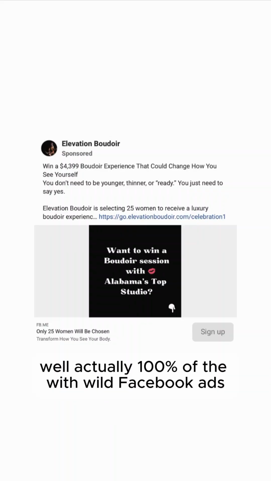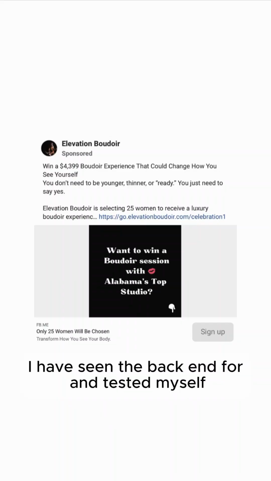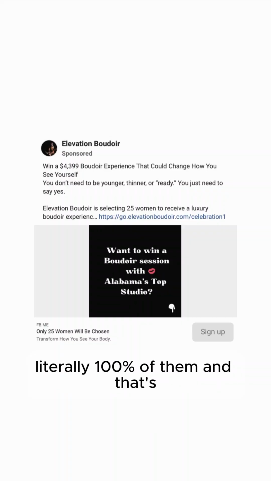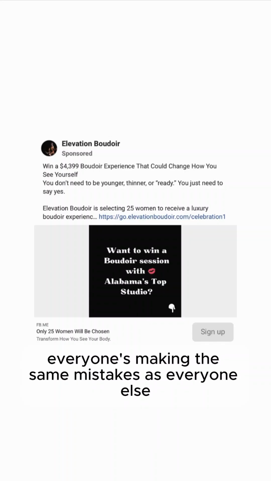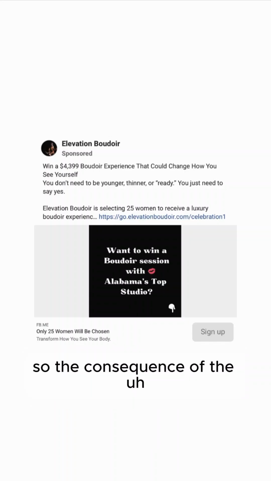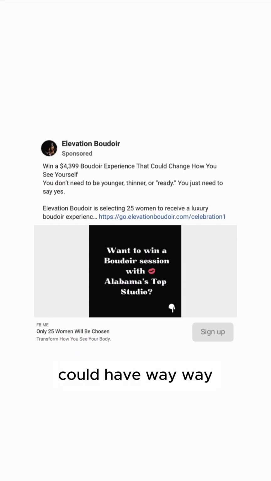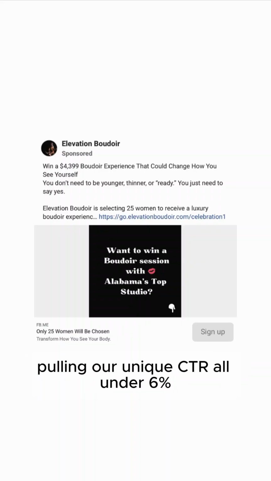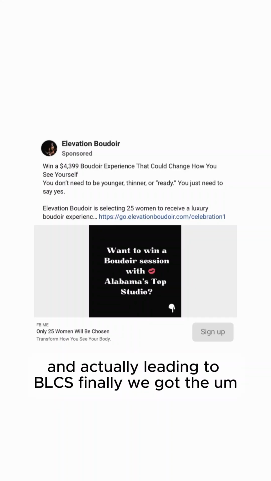Well, actually, 100% of the Boudoir Facebook ads I have seen the back end for and tested myself have had BLCS, literally 100% of them. And that's because everyone's making the same mistakes as everyone else. So the consequence of the looks like an ad mistake is that we're gonna have way more women scrolling by our Boudoir Facebook ads than necessary, pulling our unique CTR under 6%, and actually leading to BLCS.